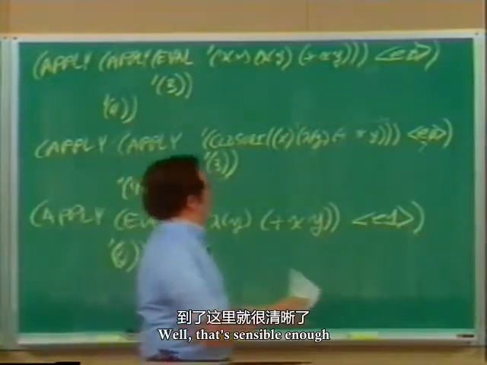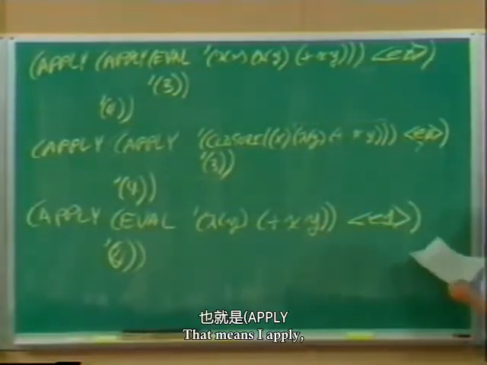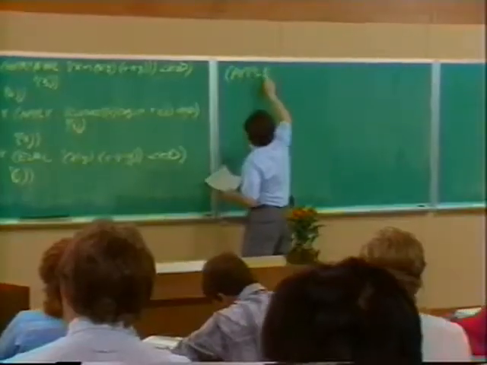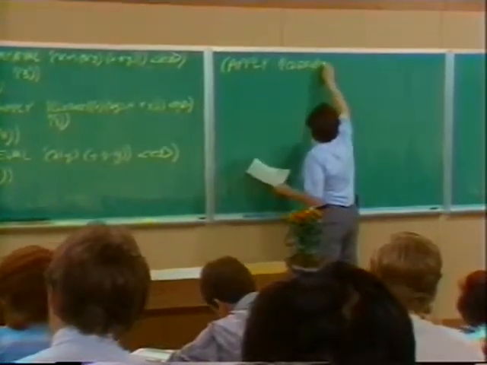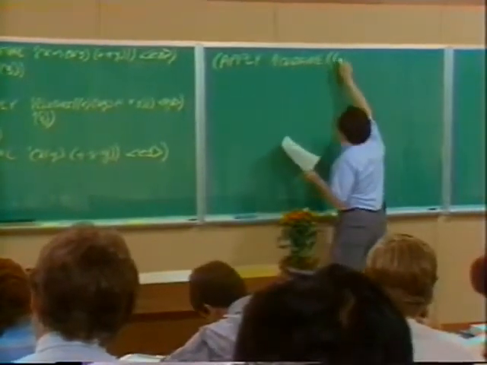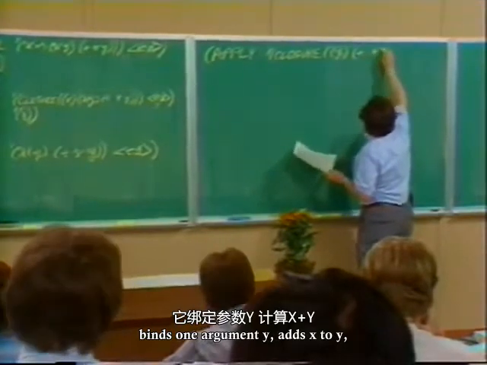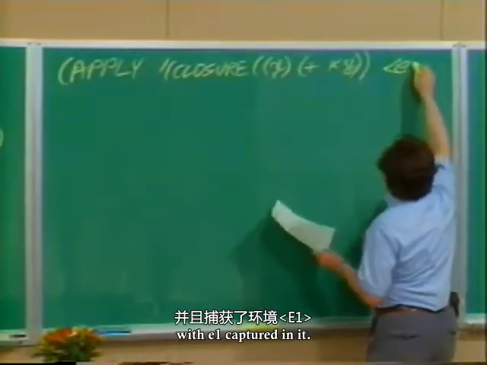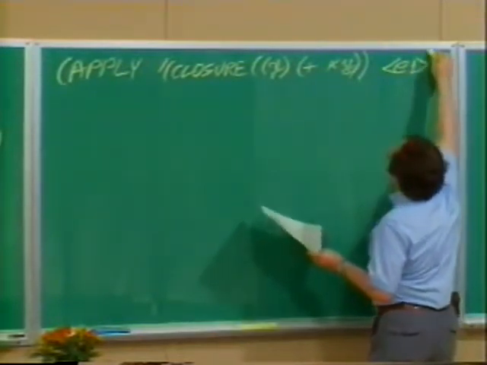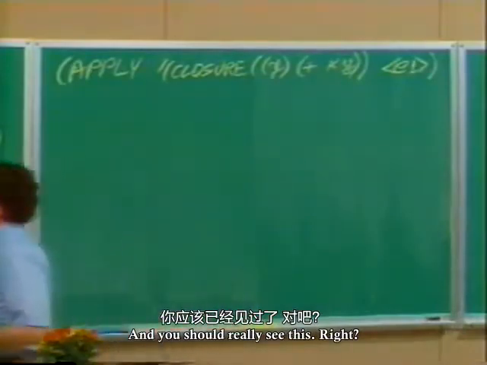Okay, well that's sensible enough, because evaluating a lambda, I know what to do. That means I apply the procedure, which is closure, binds one argument y, adds x to y, with E1 captured in it. And you should really see this, right?